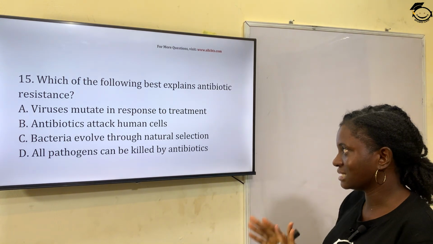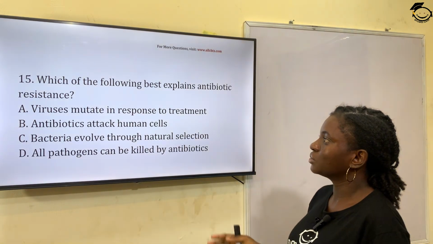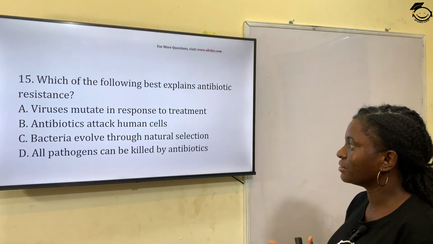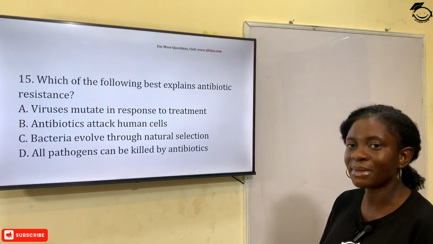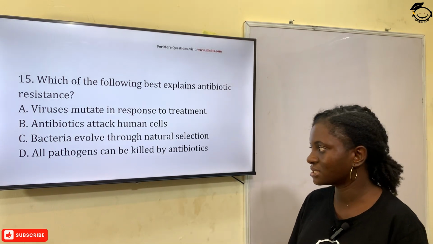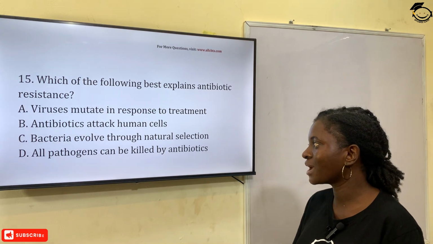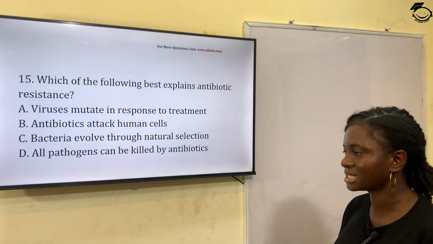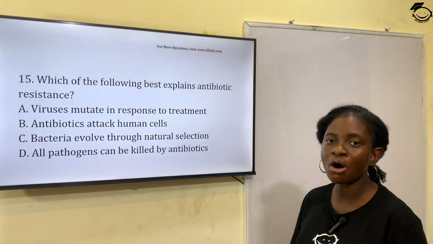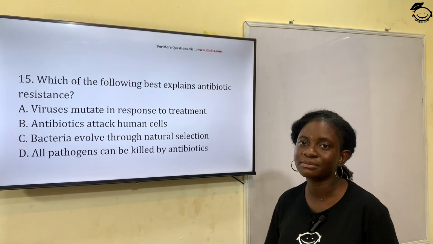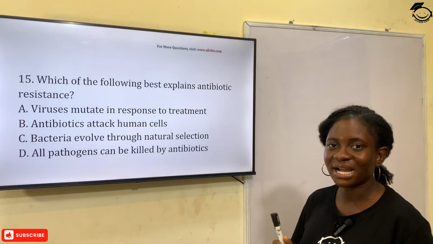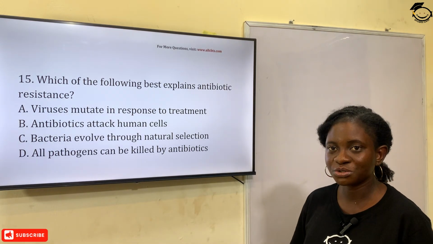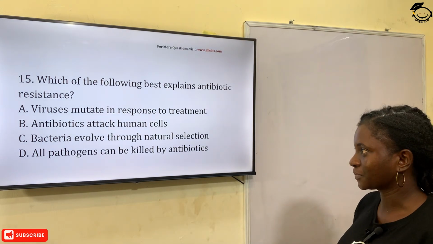So that's the simple thing. Option A, virus mutates in response to treatment. Option B, antibiotics attack human cells. Option C, bacteria evolve through natural selection. Option D, all pathogens can be killed by antibiotics. The correct answer is bacteria evolve through natural selection.